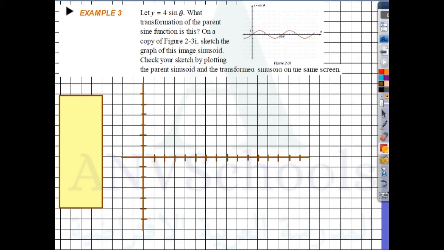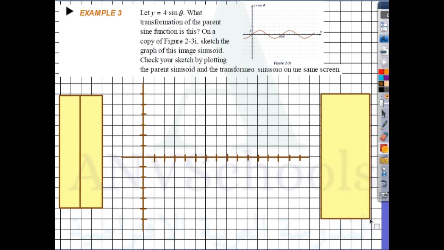So let's create a table for our y is equal to sine x, and this one would be for y is equal to cosine x. For sine theta. Okay, let's have the comparison of tables.